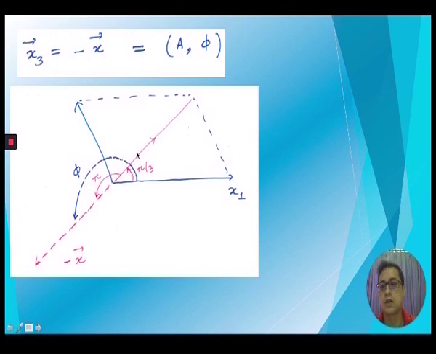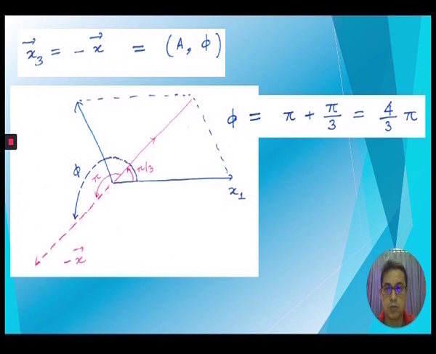You just have to extend this in the opposite direction. From the diagram you can see that this angle pi by 3 is already there, and this angle is pi, so the total phi would be this much. It's the angle made by this third vector with the original direction, that is x1. So that would be pi plus pi by 3, which turns out to be 4 by 3 into pi.